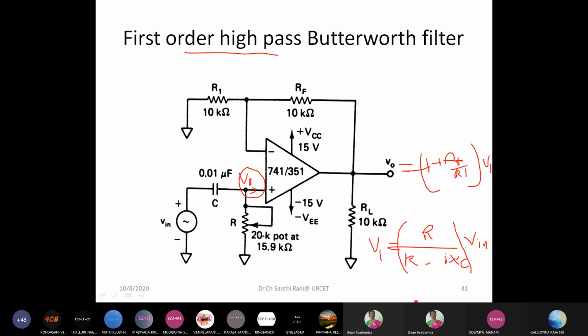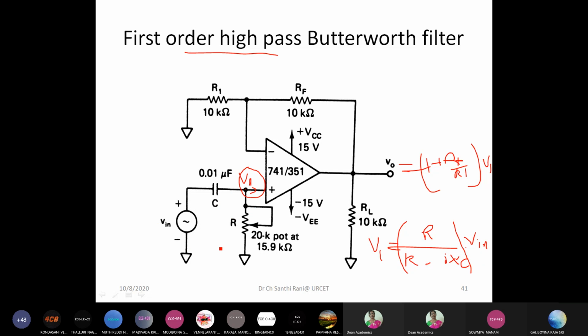But after coming to third year, in this unit itself, I have repeated it several times. Voltage divider rule: the voltage across the required component is equal to that branch resistance divided by total resistance into input voltage.